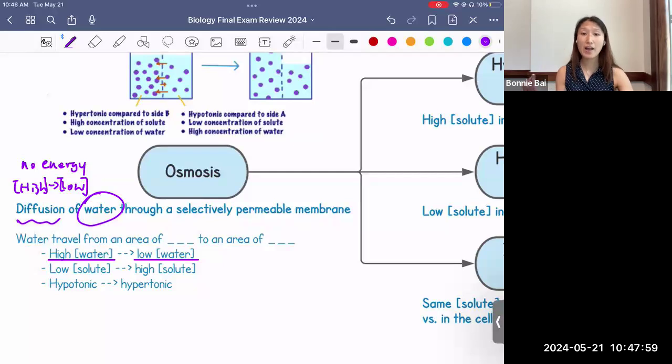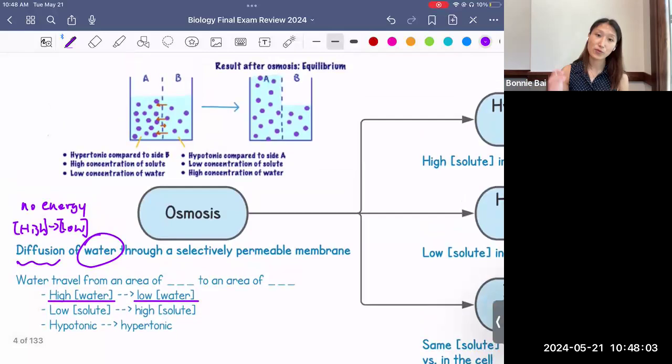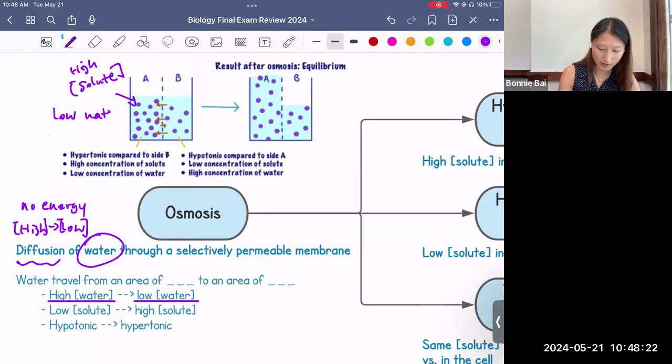And when you have high water concentration, in comparison, you would have low solute concentration. So for example, if we're looking at this particular image, on side A, we have a lot of dots. The dots represent the solute. So on side A, we have a high solute concentration. So then in comparison, we would have a low water concentration, right?